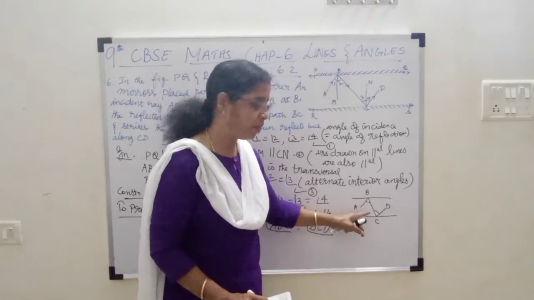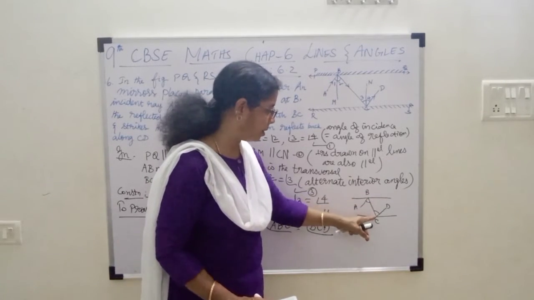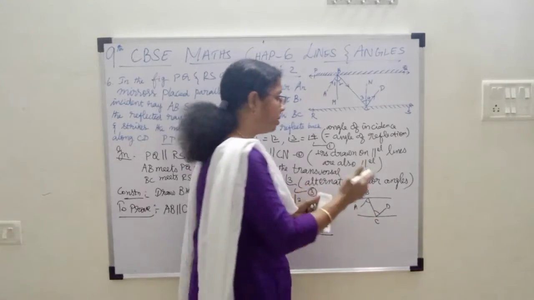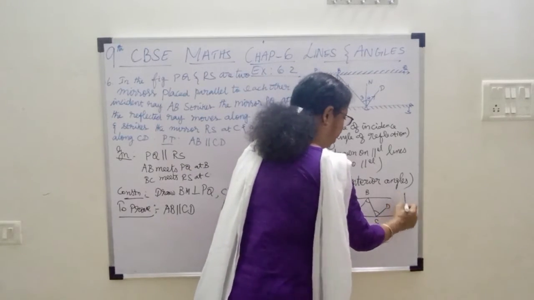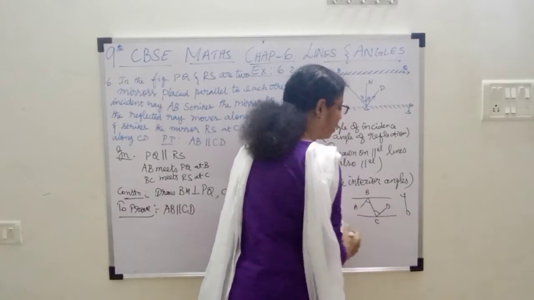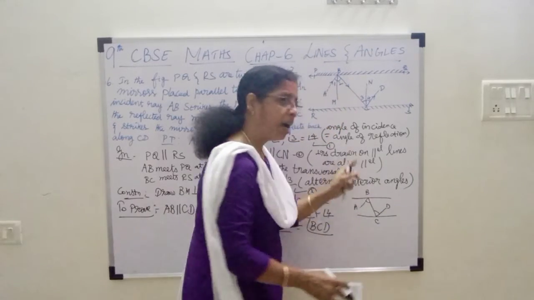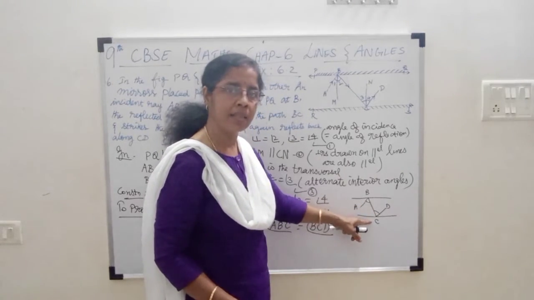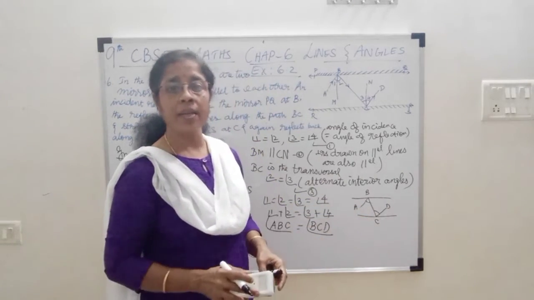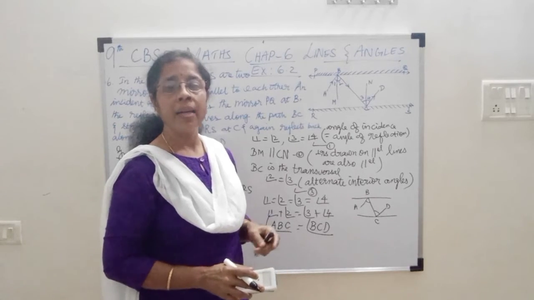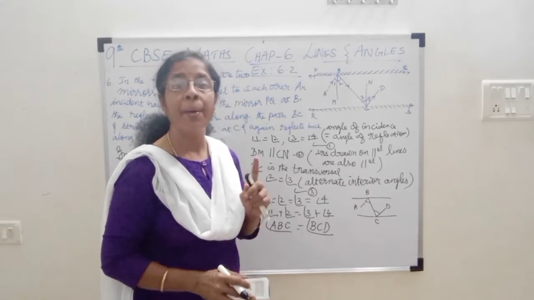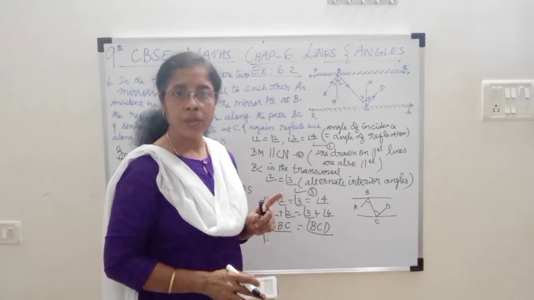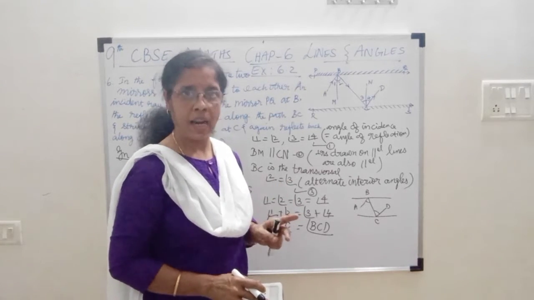If this is there, you can find out that those are alternate angles. Alternate interior angles are equal. You know the criteria, that axiom: if a pair of alternate interior angles are equal, then the two lines are considered to be parallel, isn't it?